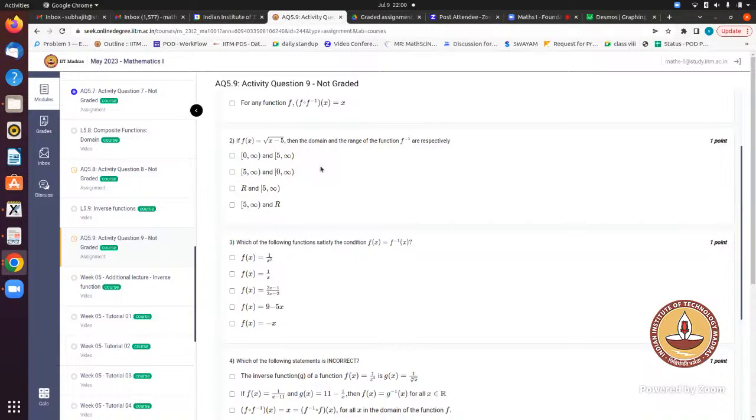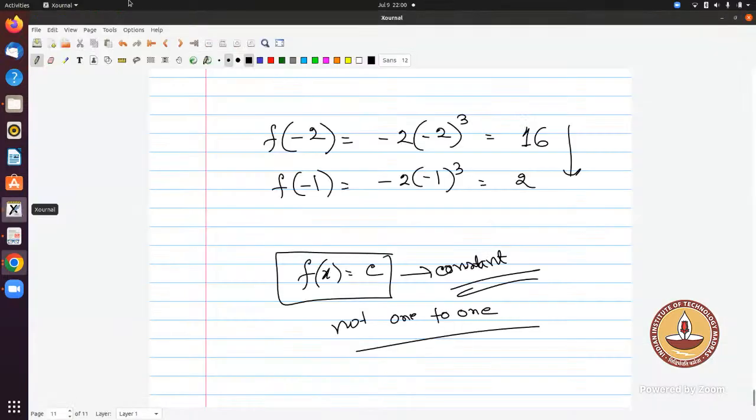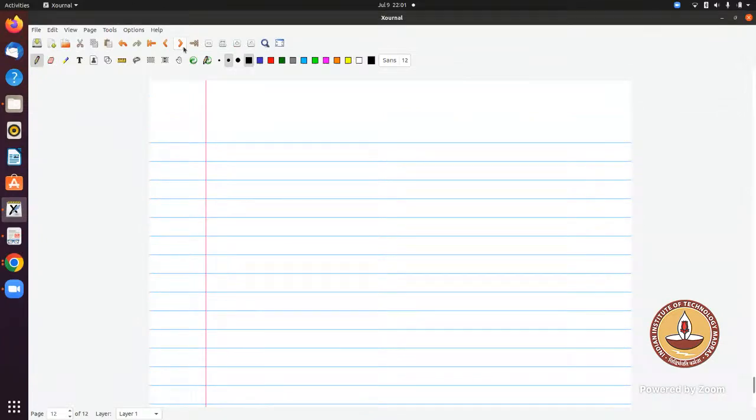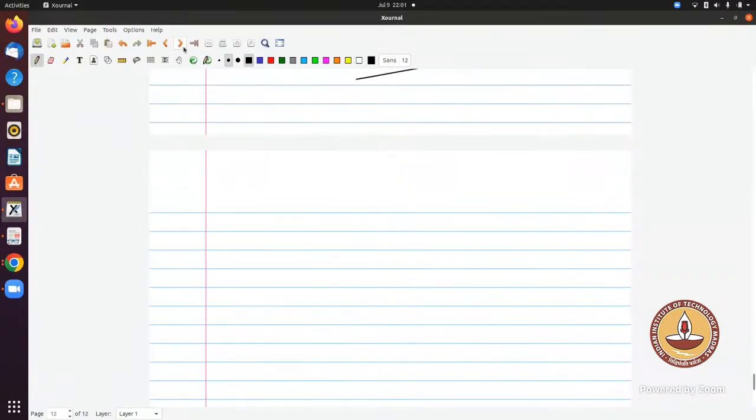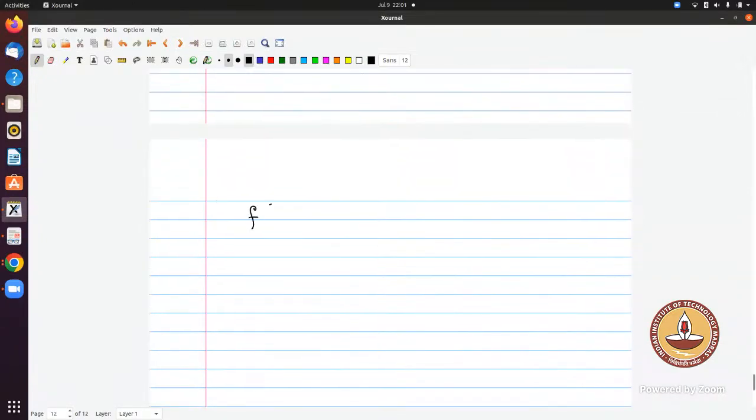Can everybody see the question? f(x) equals root over x minus 5. The question is: what is the domain and range of f inverse of x?